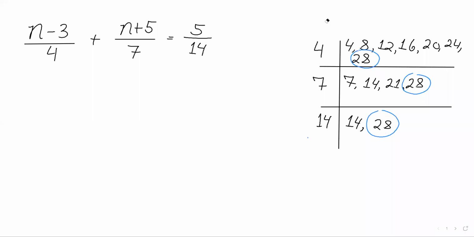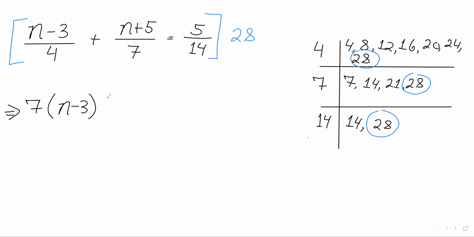So as we saw, you're going to multiply both sides, or in other words, multiply the entire equation by 28. Again, this gives 28 divided by 4. Okay, so that gives 7 times n minus 3.